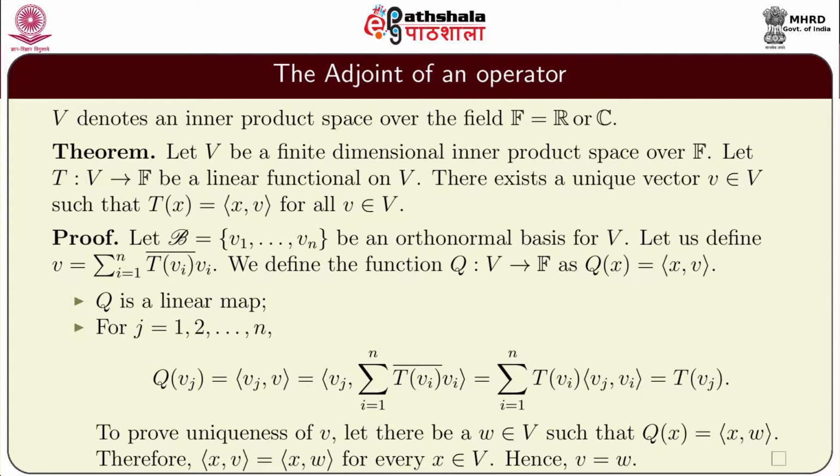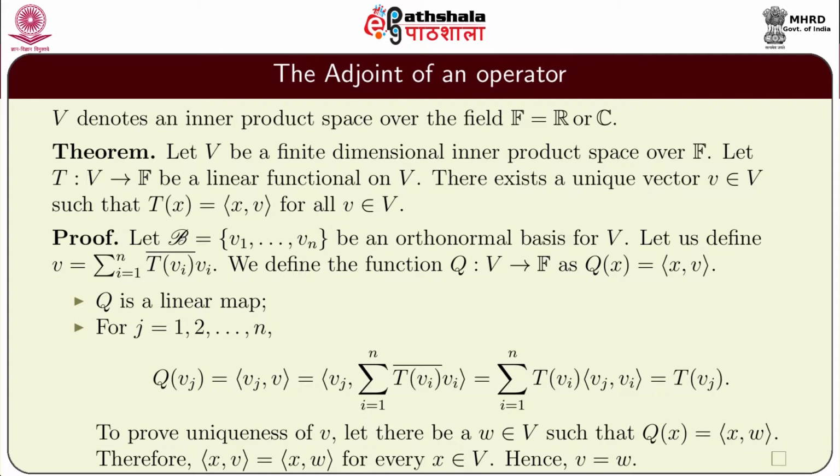Therefore, we have proved that Q and T, these two linear functionals, agree on the basis vectors, and therefore, they are the same, and hence T(x) is equal to the inner product x comma v, the same as Q(x).